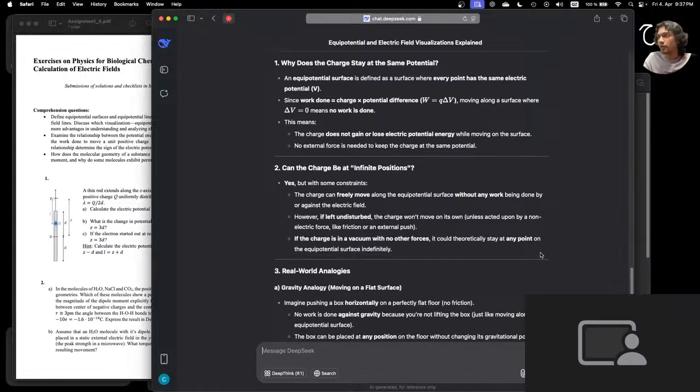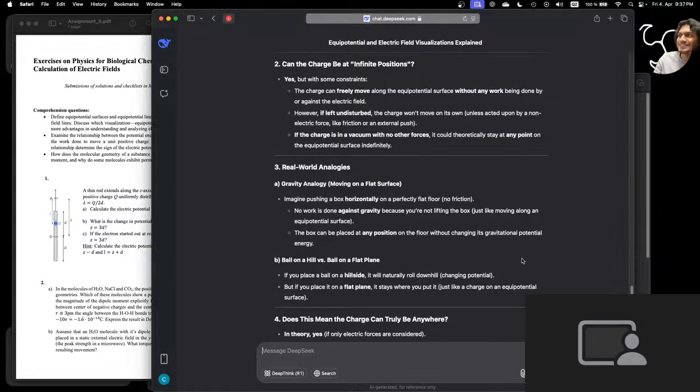Real world analogy: imagine pushing a box horizontally on a perfectly flat floor. The work is zero because I'm not lifting the box. The box can be placed at any position on the floor without changing its gravitational potential energy.